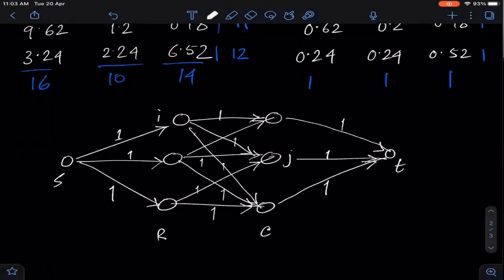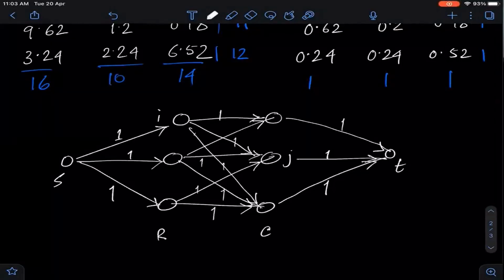Now what Chintan is asking is, why don't I keep the values of this matrix as capacities? But that is not what I want. In fact, that is precisely what you don't want. Because अगर आपने उसका capacity उतना ही रख दिया, फिर तो आपका round up और round down करने की कोई जगह ही नहीं है.